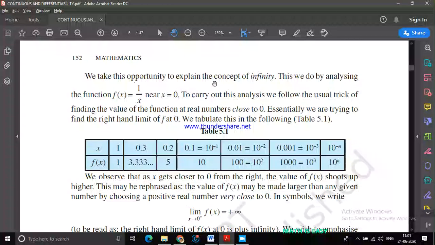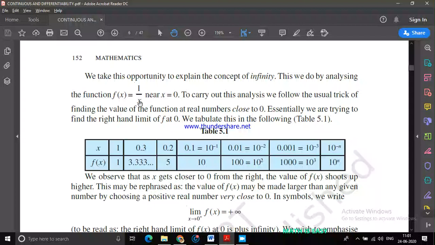We take this opportunity to explain the concept of infinity. For example, if I take f of x equals 1 by x near x equals 0, I am not taking x equals 0, but a value near 0. For example, if x is 1, I am going to get f of 1 is 1 by 1, which is 1.